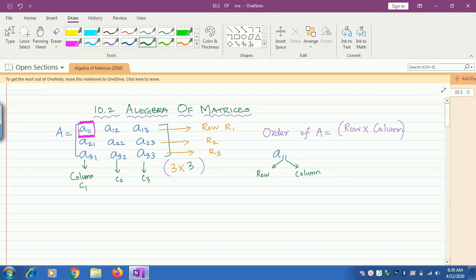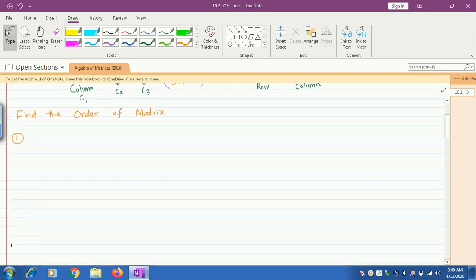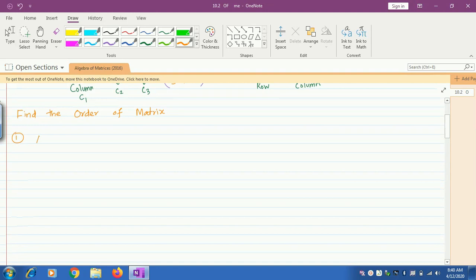Now we are going to see some examples of finding the order of a matrix. Number 1, this is A, which is 2, minus 1, 0, 3.